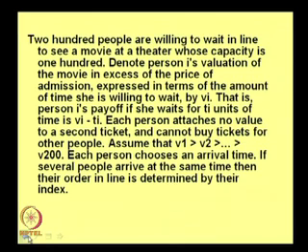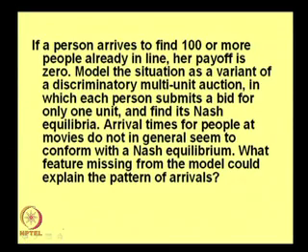Assume that V1 is greater than V2, and so on, greater than V200. Each person chooses an arrival time. If several people arrive at the same time, then their order in the line is determined by their index. If a person arrives to find 100 or more people already in line, her payoff is 0.